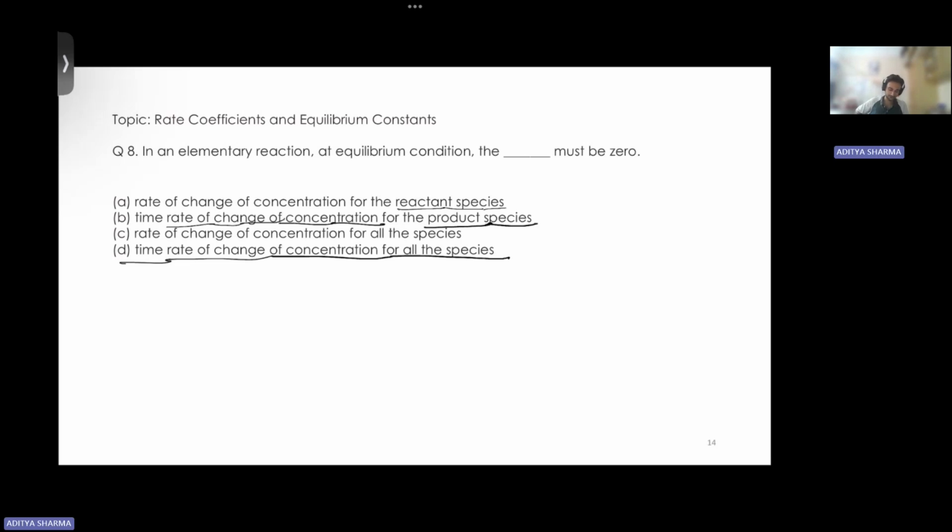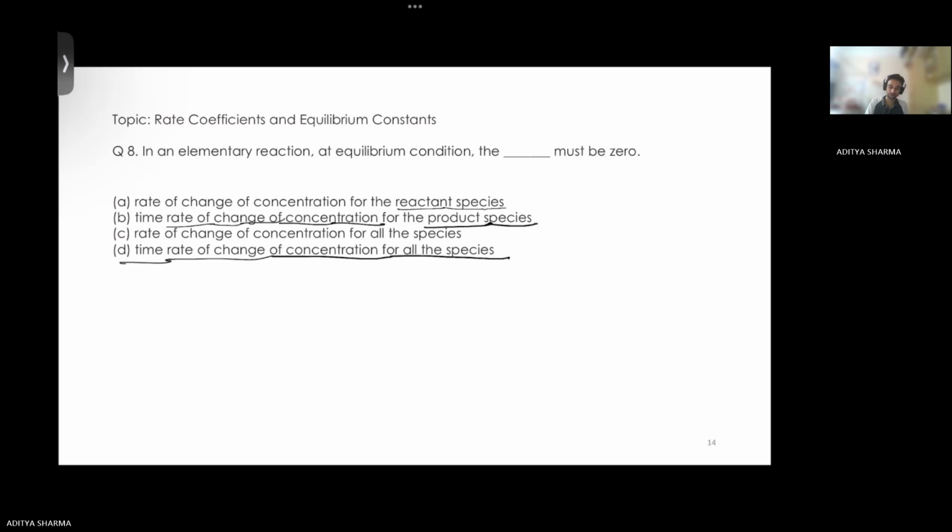So out of these four options, because in an elementary reaction, when an equilibrium takes place, in both the sides of the reaction, the reactant side and also the product side, the rate of change of concentration with time is zero.